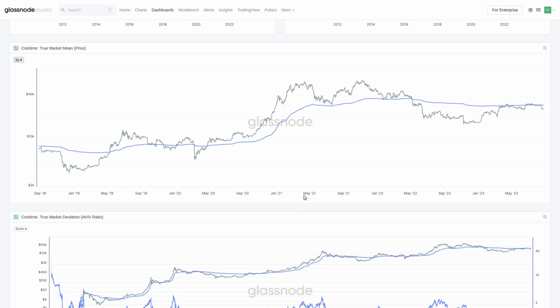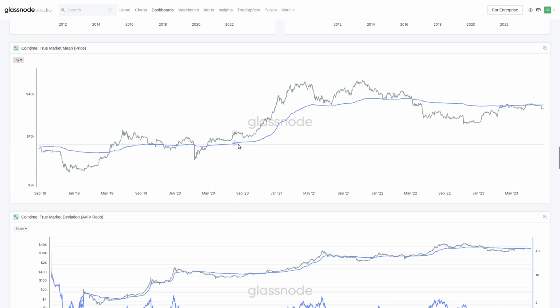So what Cointime economics does, in a very elegant way, is remove all of those coins that have not spent, right? It only looks at the investor component, the coins that have actually spent and are inside the economy. And I think this is the most mind-blowing part of the entire analysis. You'll often see us look at means and medians.